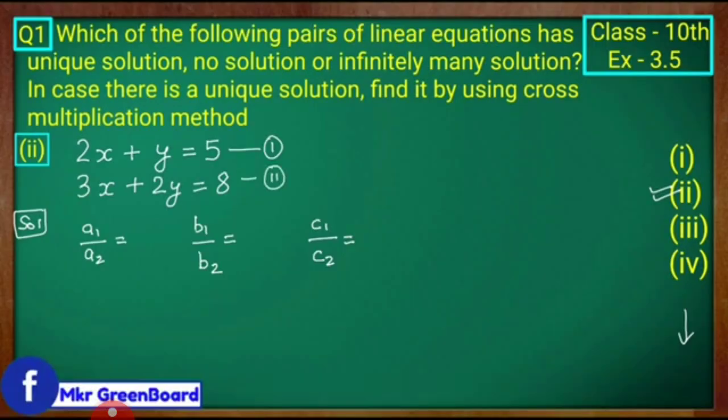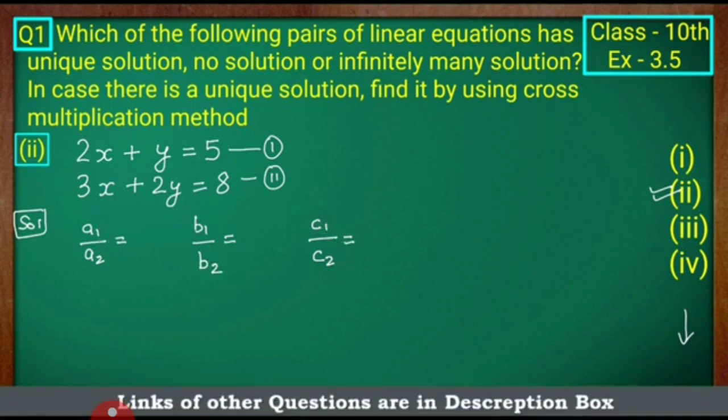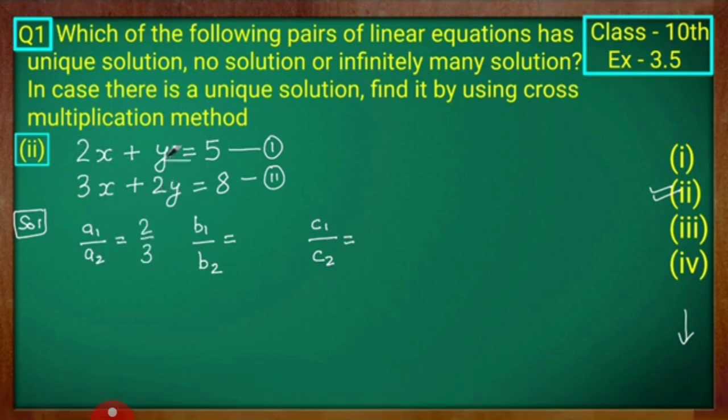So a1 upon a2 can be written as 2 upon 3 from the first and second equation. And b1 is 1 from the first equation, b2 is 2, so it will be 1 upon 2, and c1 upon c2 is 5 upon 8.